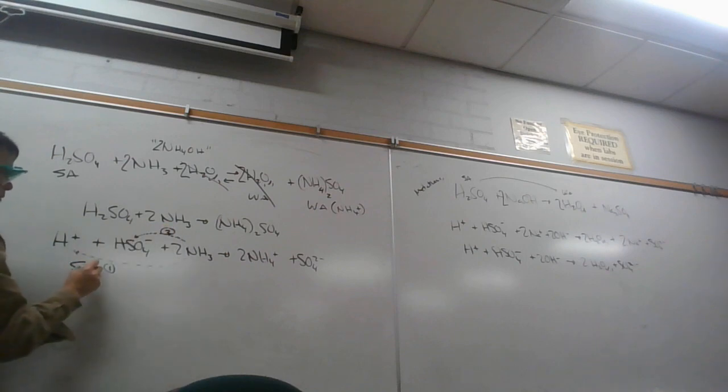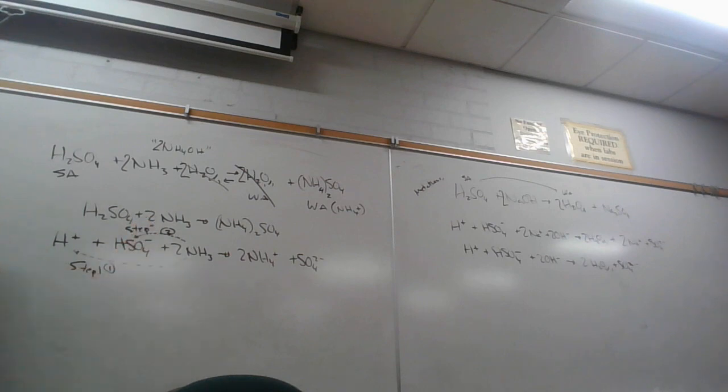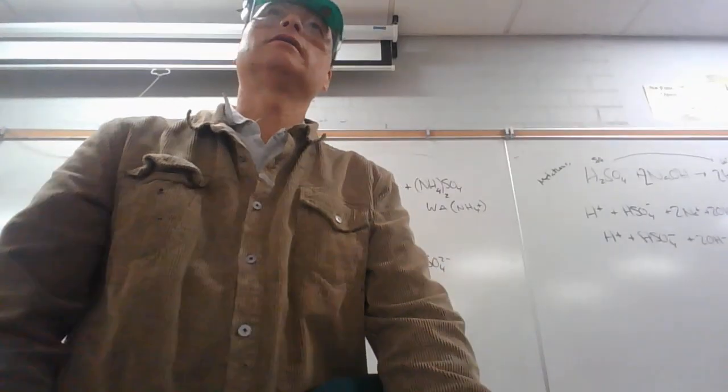So we have step one followed by step two. And so we originally did this as a metathesis, but this ended up being a Bronsted, in which both steps were combined because we did it as a metathesis. Does that make sense? Someone? Uh-huh.